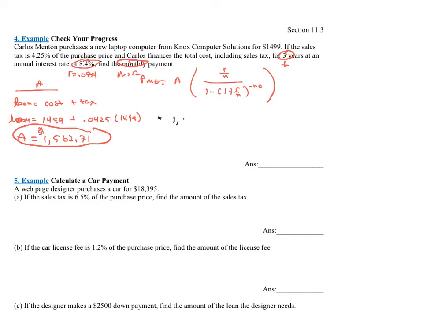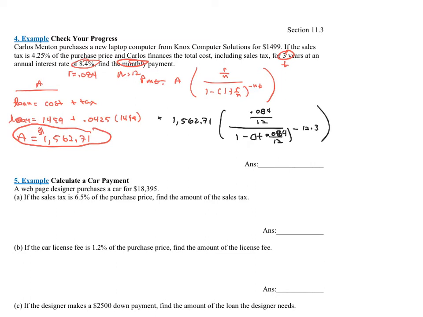A, which was $1,562.71, the amount that I loaned, not the price of it. R, again, was 0.084 divided by N, which is 12, all over 1 minus 1 plus R, which was 0.084 divided by 12, all raised to the negative N, which was 12, times T, which was 3.